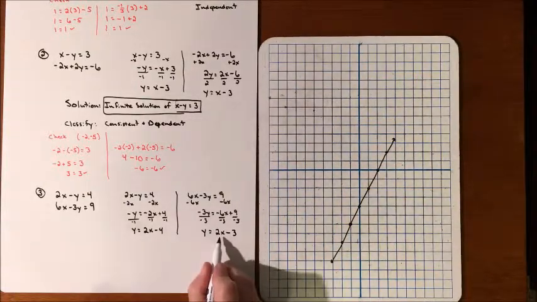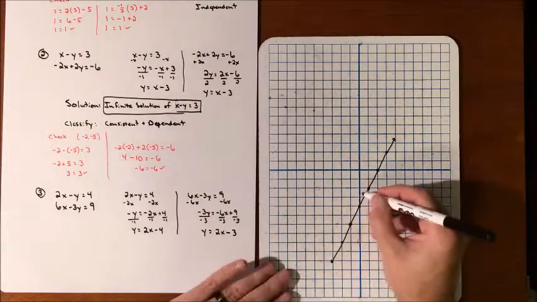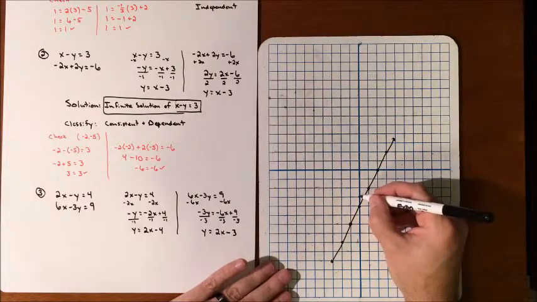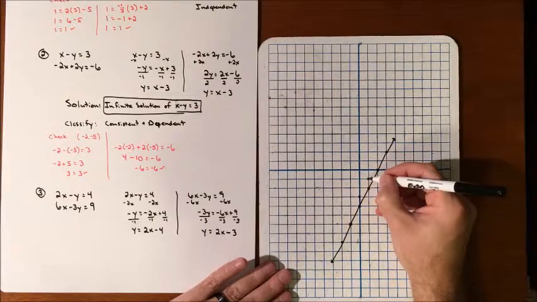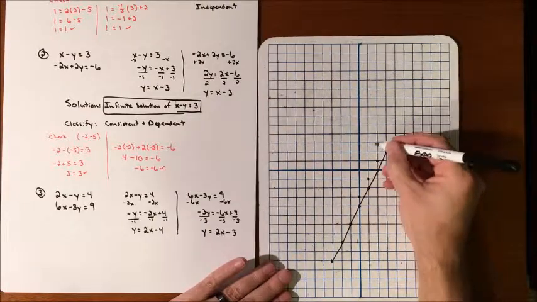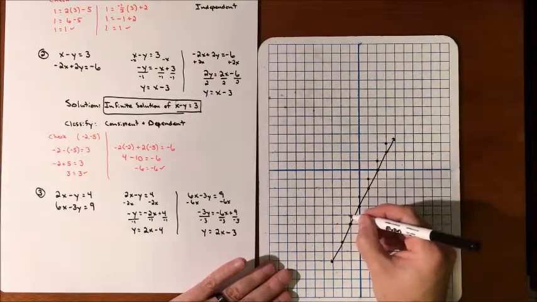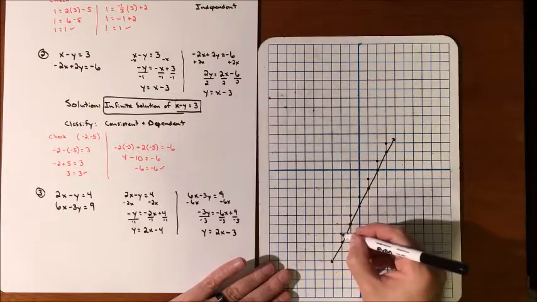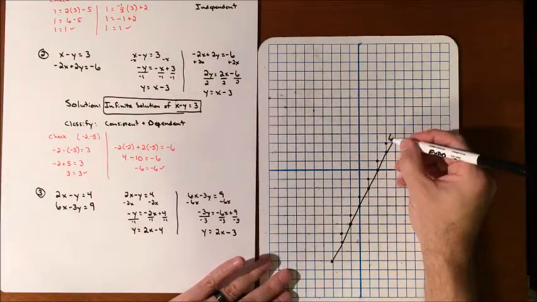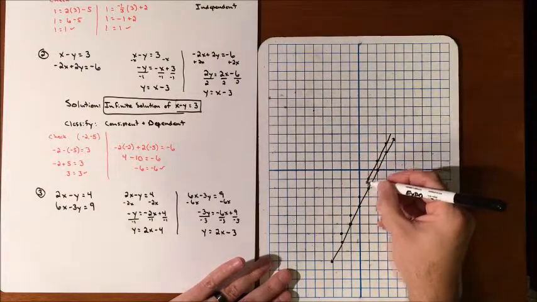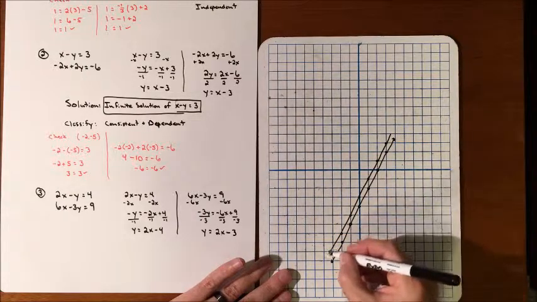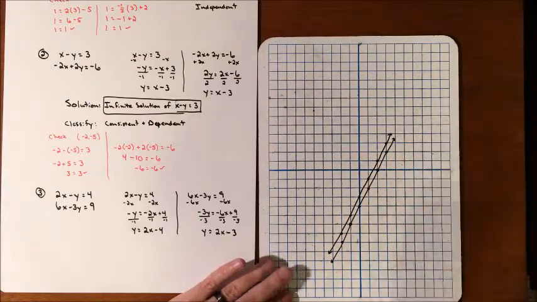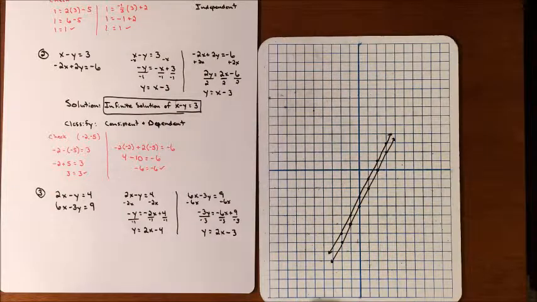Second equation is going to be the same slope, but it's going to have a different y-intercept of negative 3. And then up 2 over 1, down 2 left 1. They're going to be very close, but they are parallel.